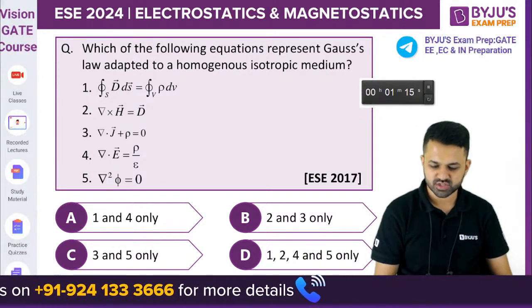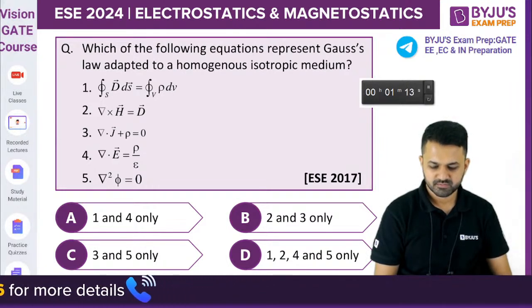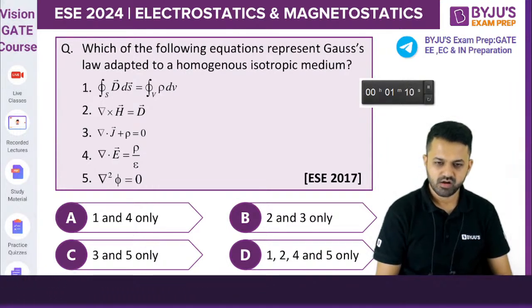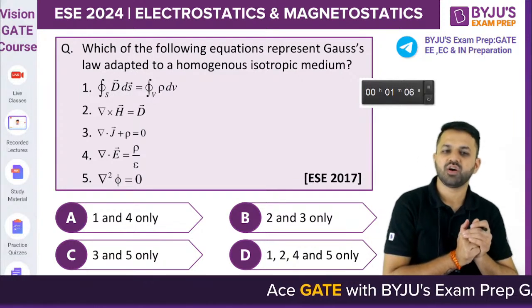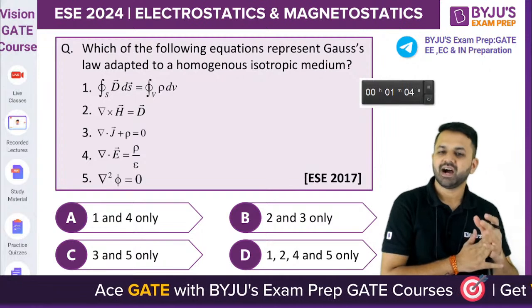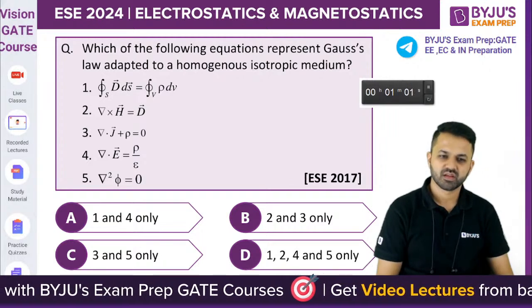Come on, quickly answer this question also. Which of the following equations represents Gauss's law adapted to a homogeneous isotropic medium?